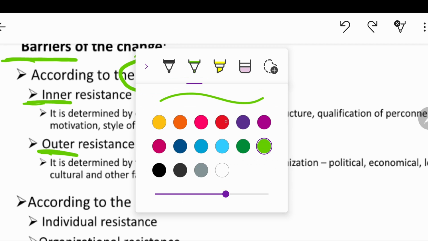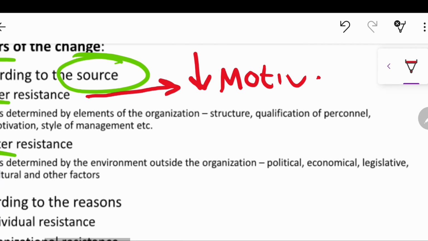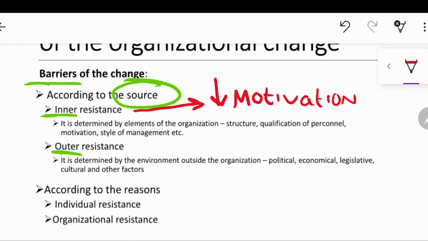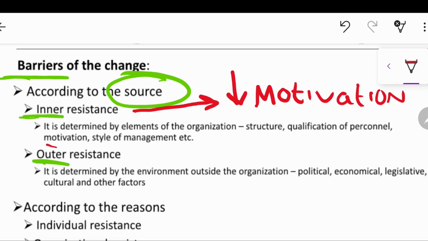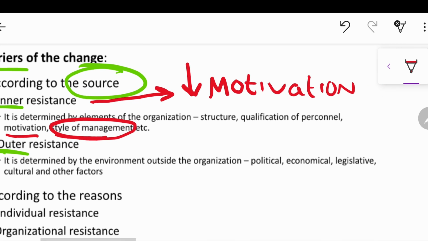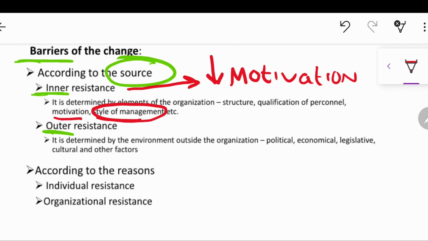Maybe the workers have grown tired. They are not motivated anymore. Lack of motivation in the workers. And so they have this uprising against the organization. All right. Maybe the style of management isn't sitting well with the workers. Some things to ponder about.